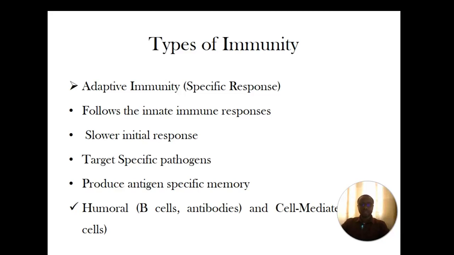They target specific pathogens, which means different cells can be involved in different pathogens, for example for bacteria, for virus, or for parasitic disease. So a specific response is observed in the case of adaptive immunity.